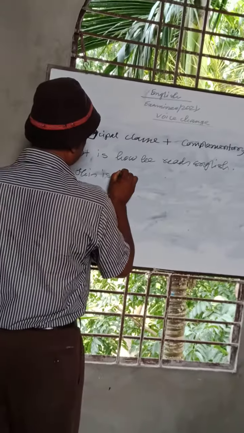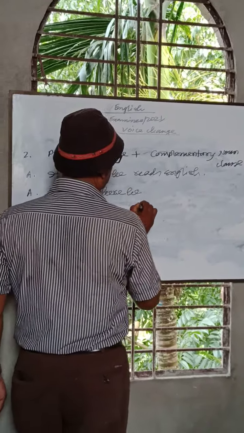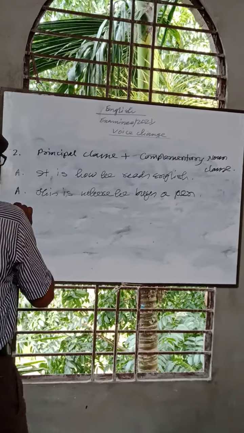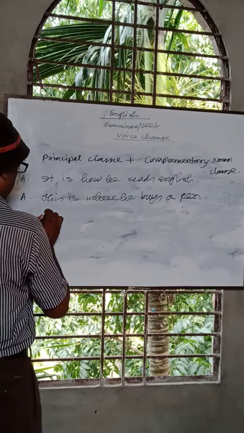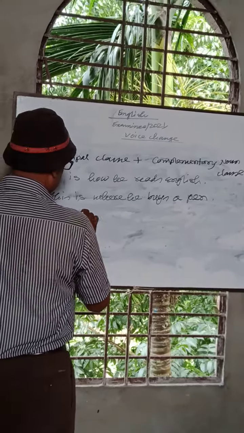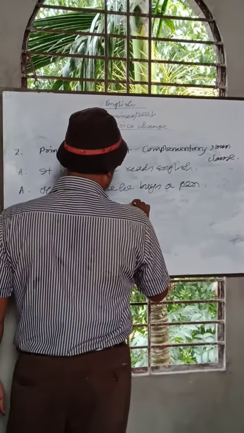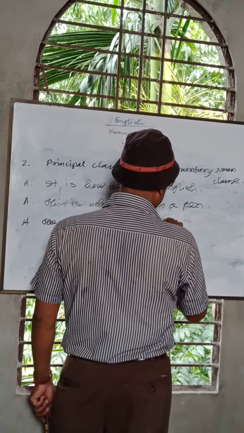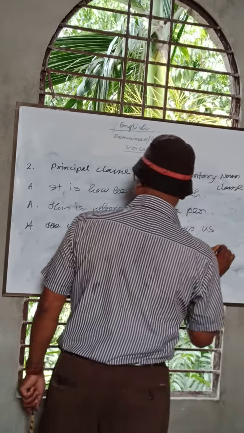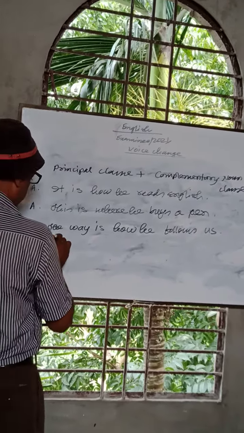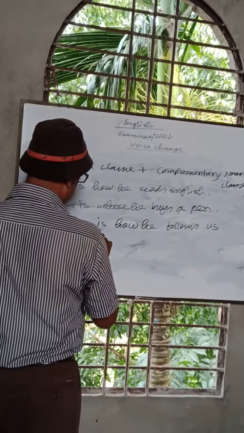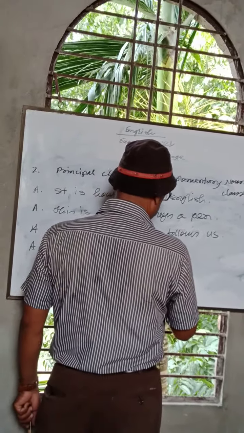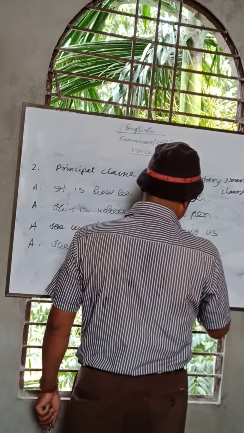This is where he buys a pen. Active. The way is how he follows us. Active. The reason is why the criminals murdered him.